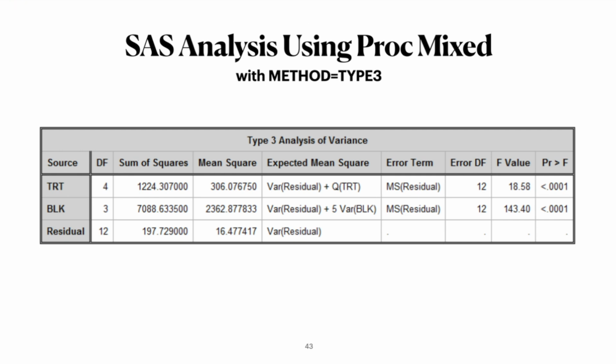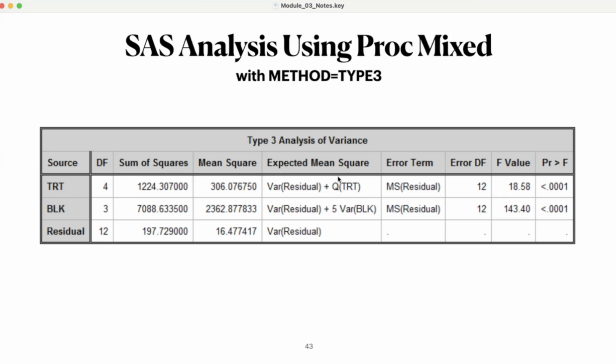The expected mean square for the treatment effect, for the treatment mean square, is sigma squared plus a quadratic. This is a shorthand representation or notation for a quadratic form involving treatment. And so that would tell us that there's a positive value added here.